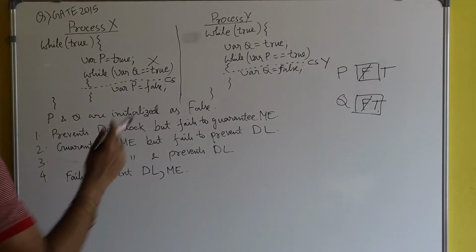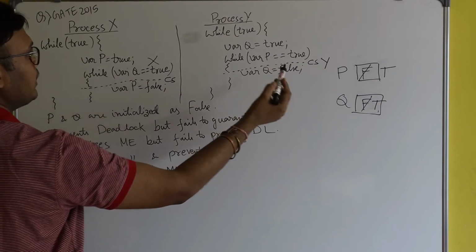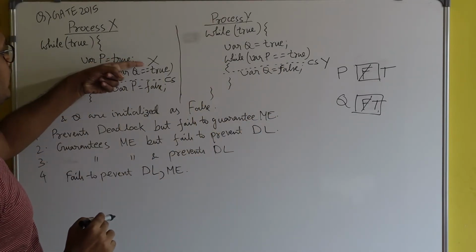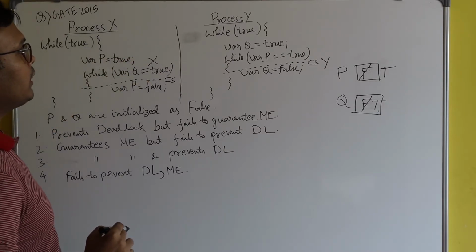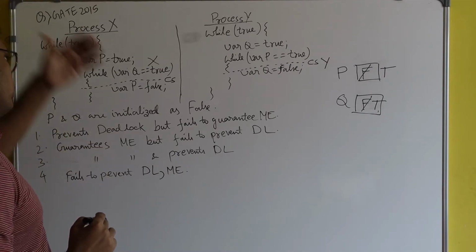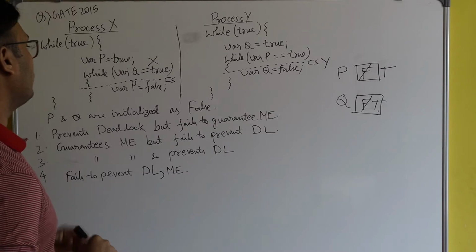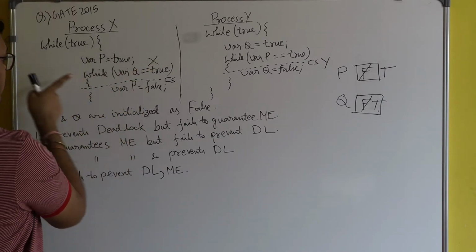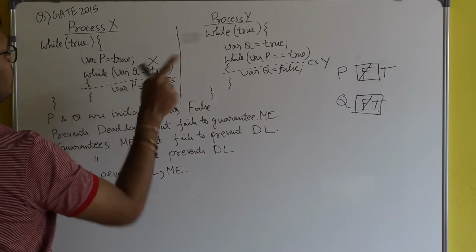Now suppose there is a context switch and the CPU is given to process X. Initially process X was unable to enter the critical section, but let's see whether it can now. Process X will again run the line while Q equal to true.